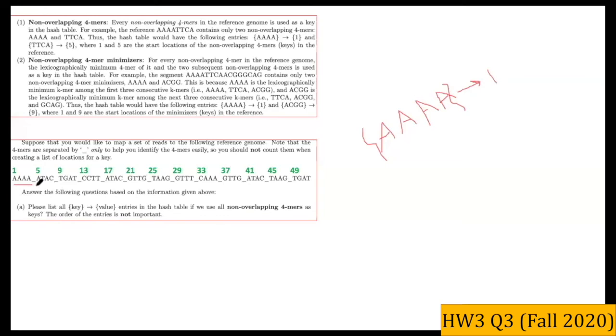Now the second k-mer will be the second subsequence here, which is A, T, A, C. Now where is this k-mer located? Since I added this 5 here, we already know the start location. You just need to count the number of characters and define the start location of such a k-mer. So the first location is 5.